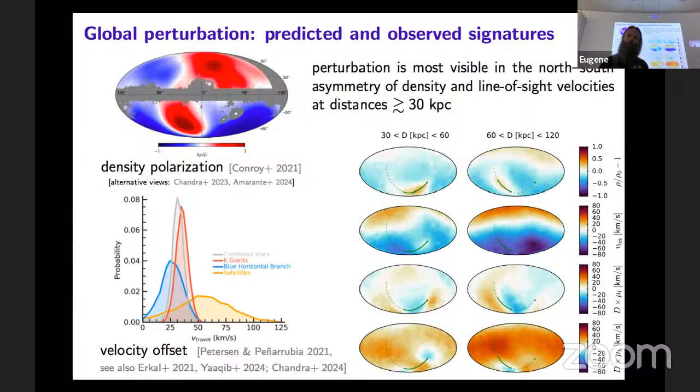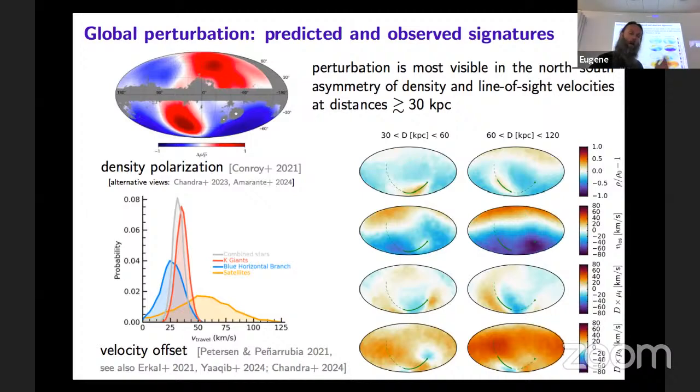So there have been contested findings. Some groups do not confirm this. Some groups find that there is much higher density than you would expect. So this is still an open question. But I think it's quite plausible that we will eventually find confirmations of this dipolar pattern in the density of the tracers in the outer halo.